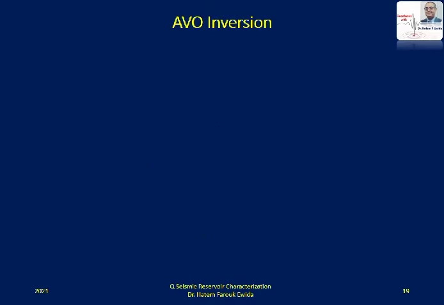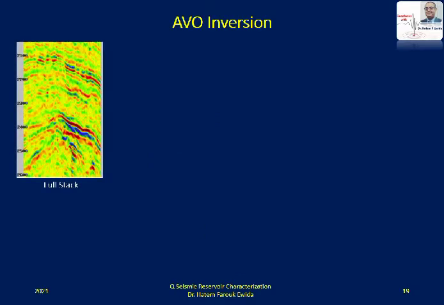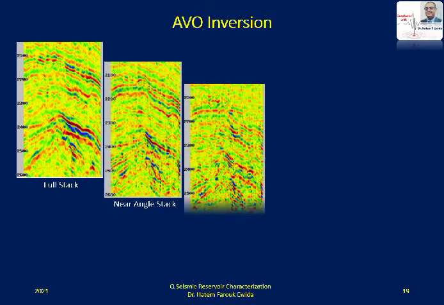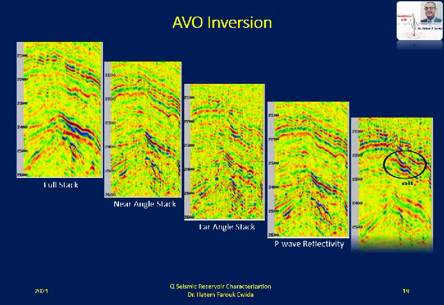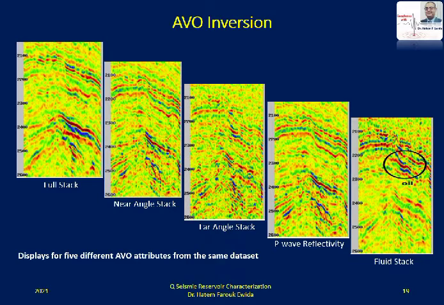This is the output of some of the inversion, like this is the full stack. Full stack is normal seismic data, okay? And then from the inversion, I can get the near angle stack, the far angle stack, I can have the P wave reflectivity, I can have the fluid stack, as you see the gas magnitude. This is what we also call attributes, because I extracted all these four, 1, 2, 3, 4, from this one.